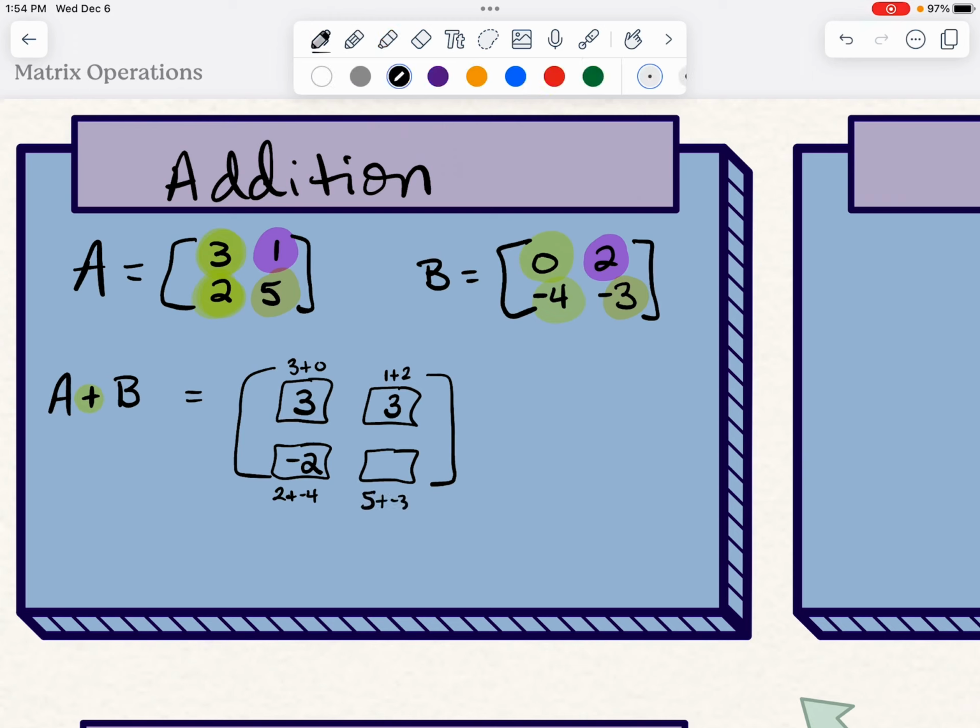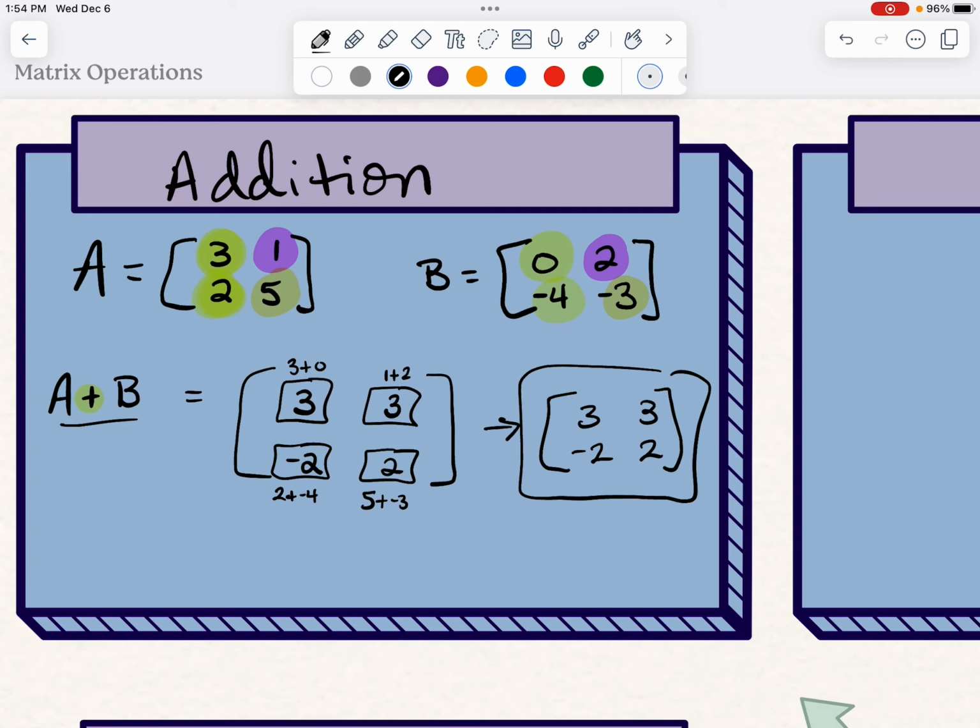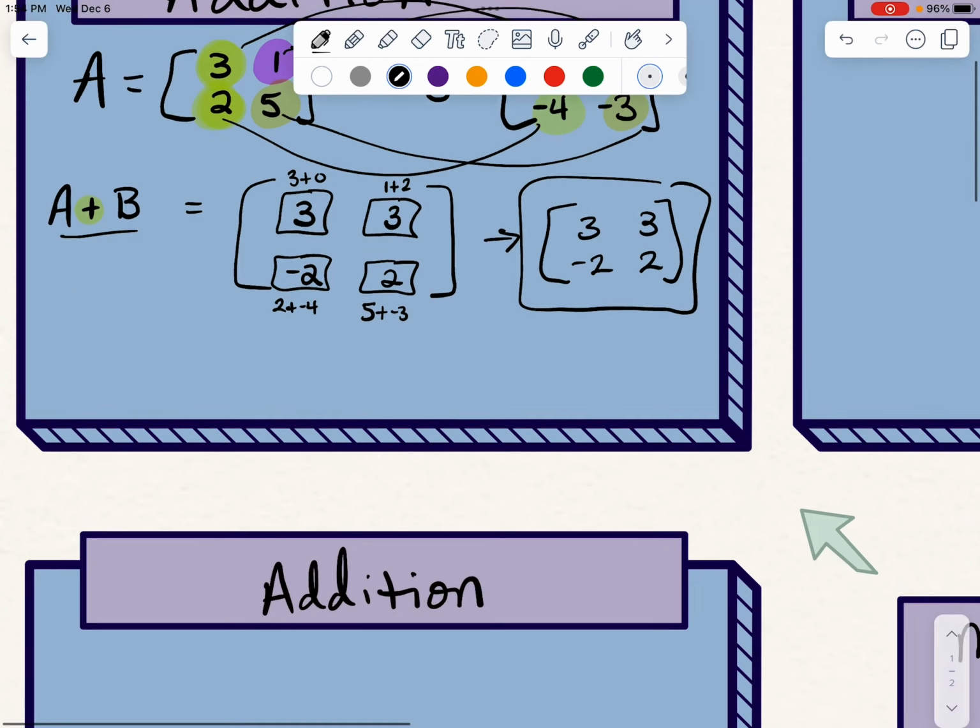So we have 5 plus a -3, which is going to give us a +2. So the solution for A plus B is going to be 3, 3, -2, 2. We get this by adding the corresponding pieces with one another in the matrix.